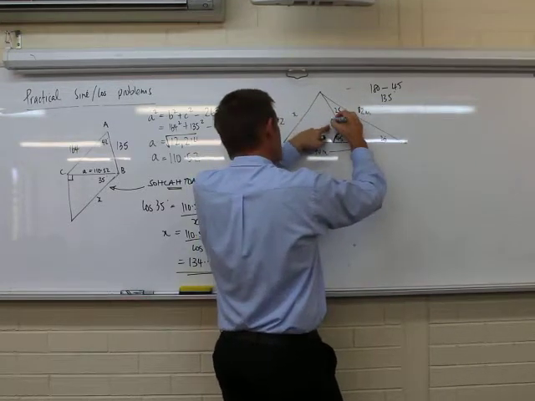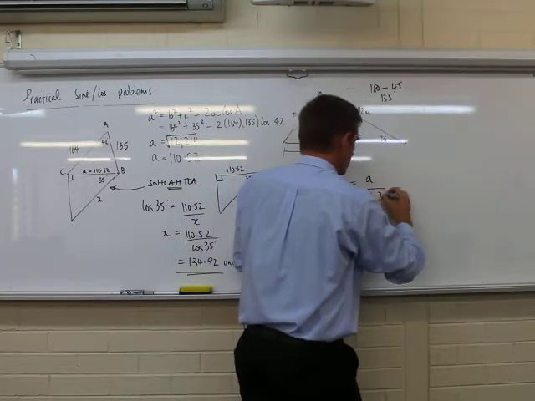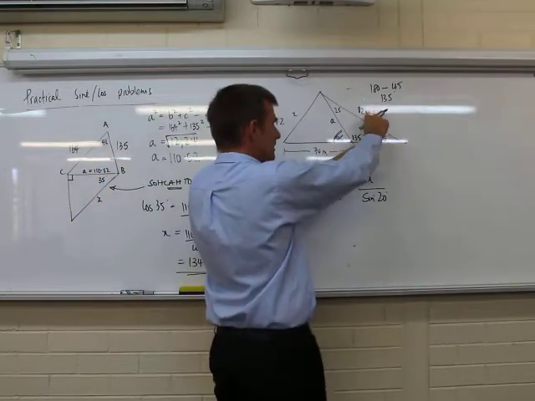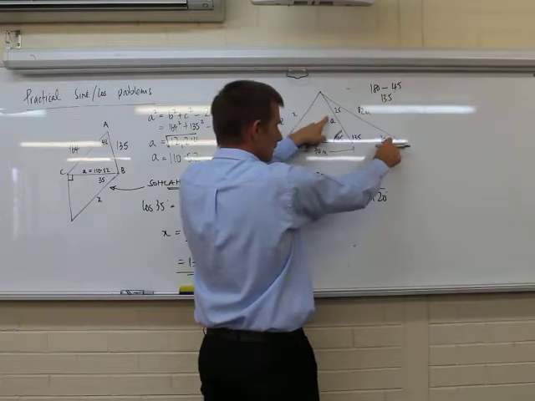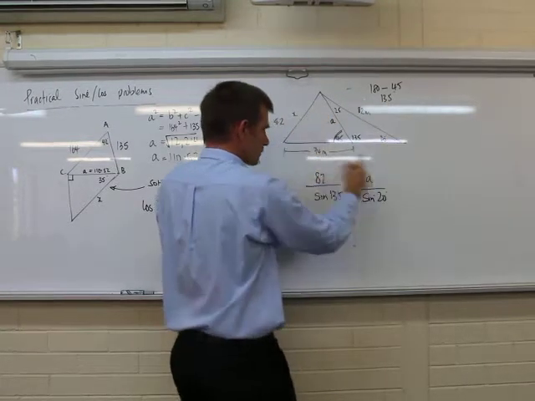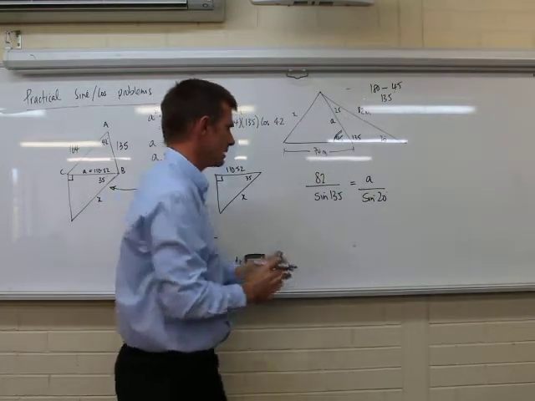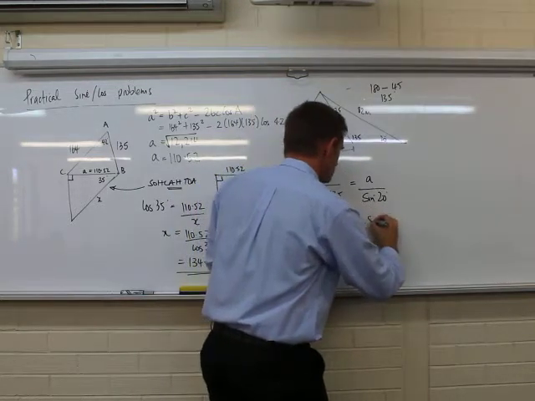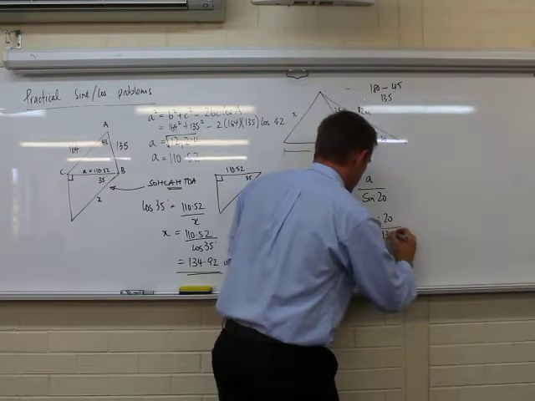I'm going to call this A, so it equals A over the sine of 20 degrees. The ratio between this pair has got to be the same as the ratio between this pair. Let's rearrange, and you'll notice I put the A on top. I kept my sides on top. That makes it easier if you can do that. A is going to be equal to 82 times the sine of 20 divided by the sine of 135.